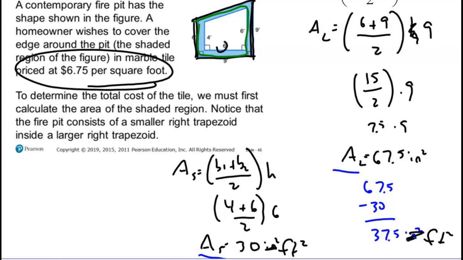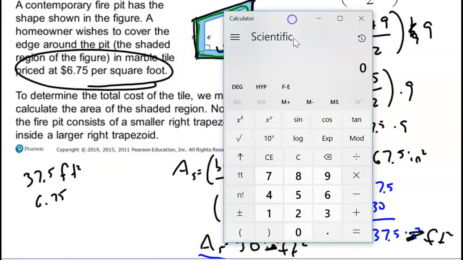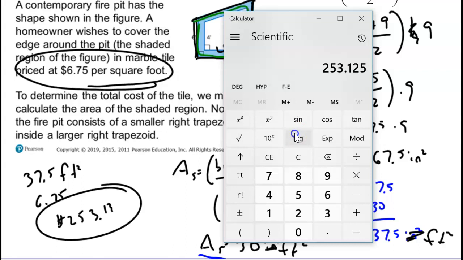And we know then that we have 37.5 square feet times $6.75 per square foot. And so 37.5 times 6.75 is $253.13. Okay, and that is the end of this unit.